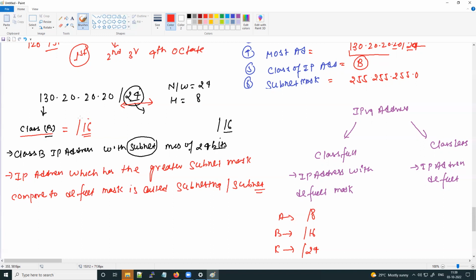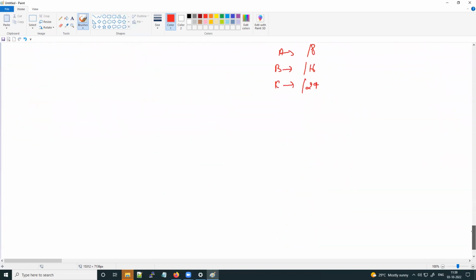So this class B address technically should have /16, but what we are getting is /24. It's greater than the default mask. If you compare with the default mask and it's greater, this is subnetting or a subnet.